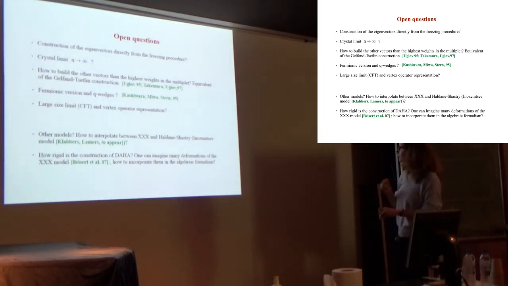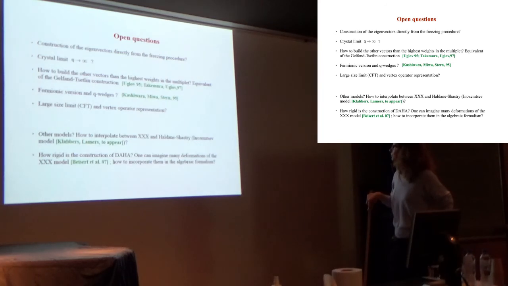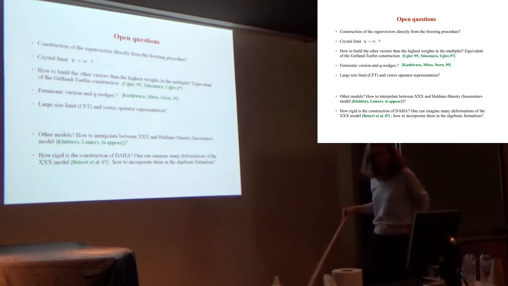So I was talking about the other vectors in the multiplet. There is a construction of the descendants using the Gelfand-Zeitlin construction. So it will be interesting to understand the relationship between this Gelfand-Zeitlin construction and the usual Bethe-Ansatz construction.